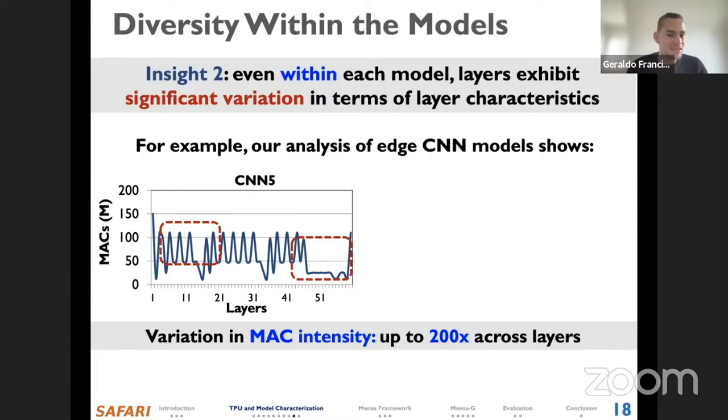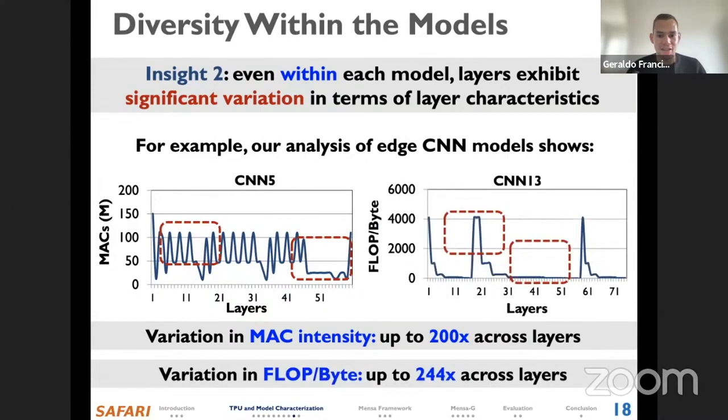And we see that from one particular neural network model, the MAC intensity varies for up to 200 times across different layers. And we take another example and we also see variation in terms of FLOP per byte for CNNs across different layers. In this example here, up to 244 times across different layers.